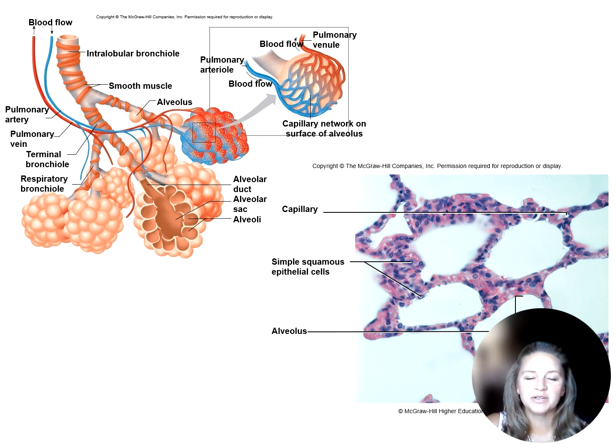So this is the capillary network on the surface of the alveolus. What's happening here in the lungs is we're picking up the oxygen that we're breathing, and we are going to use that oxygen to transport it to all the different parts of our body, to the cells that are using the oxygen.